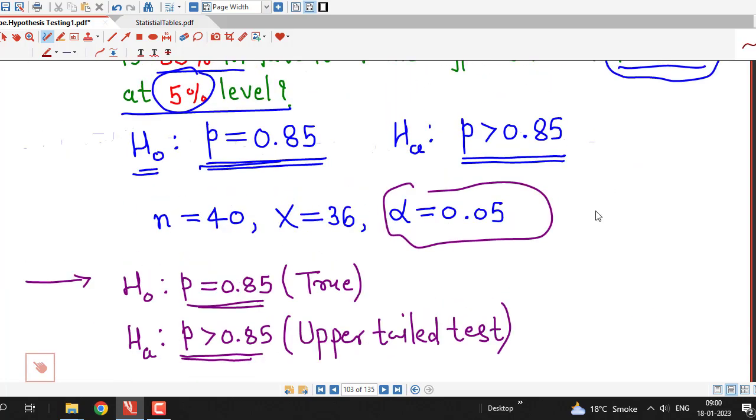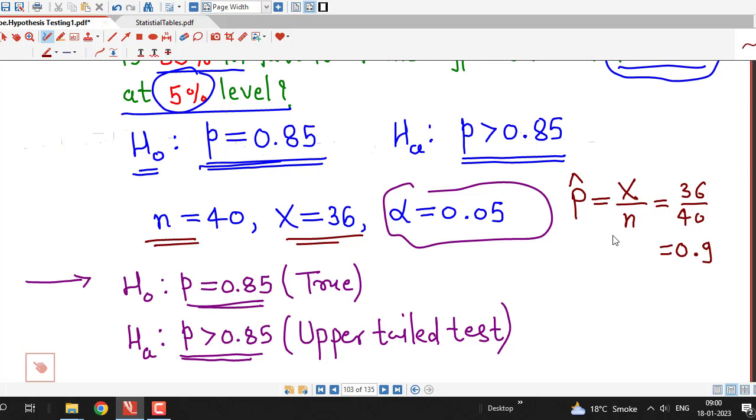Sample proportion is the number of people who survived, capital X, divided by n. So P hat is 36 divided by 40, and this turns out to be 0.9.